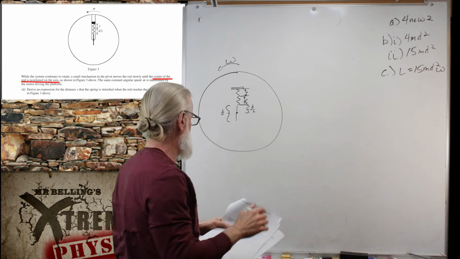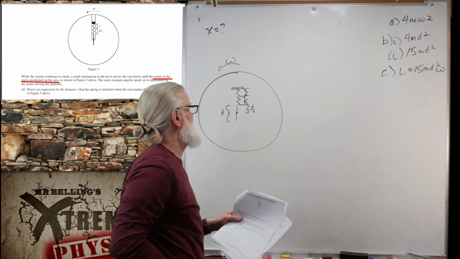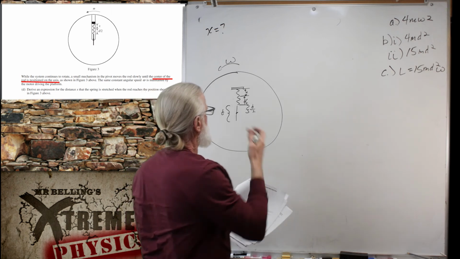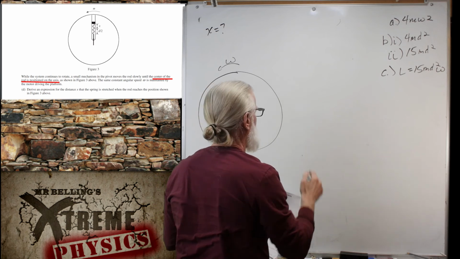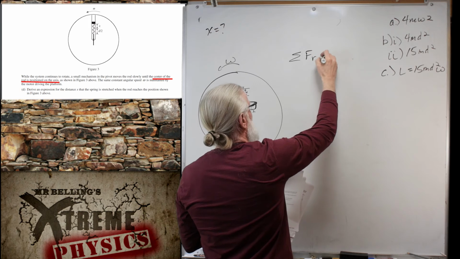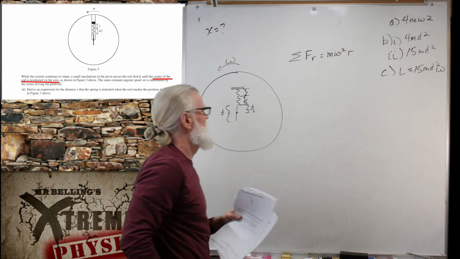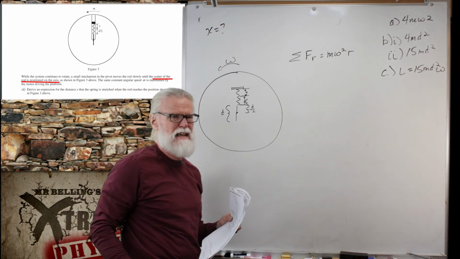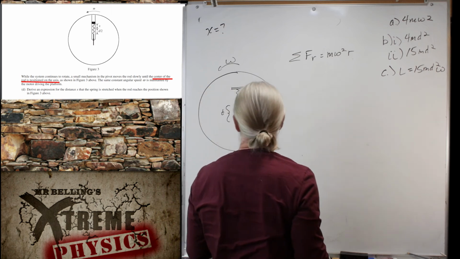Derive an expression. We want to know what x is. I think we're going to apply Newton's second law again, F equals m omega squared R. He keeps showing up all over the place. So what are the forces on here?